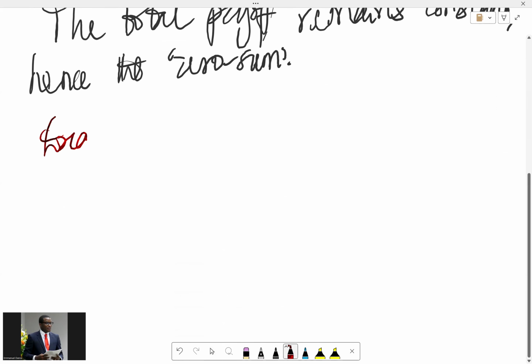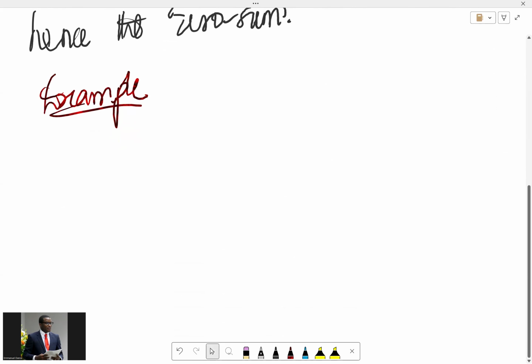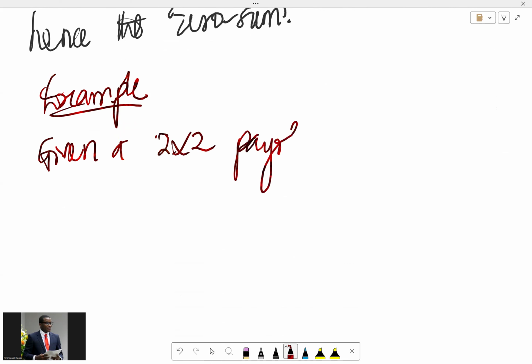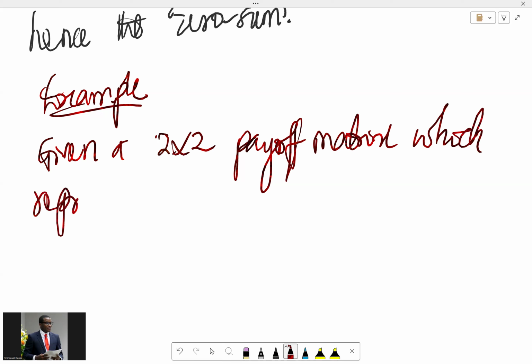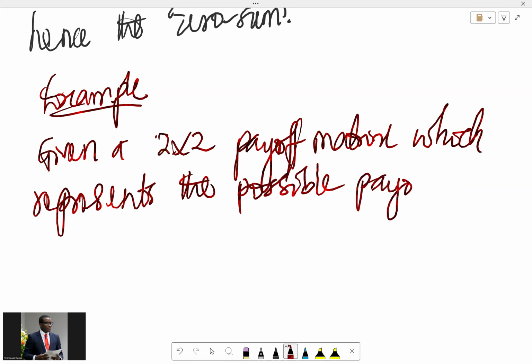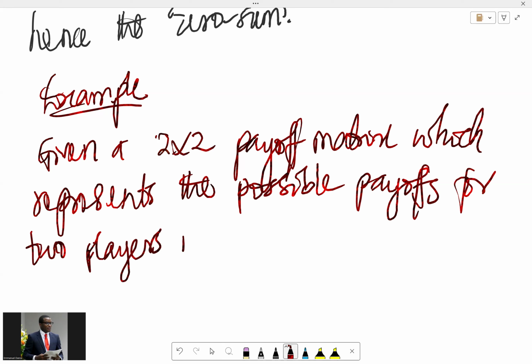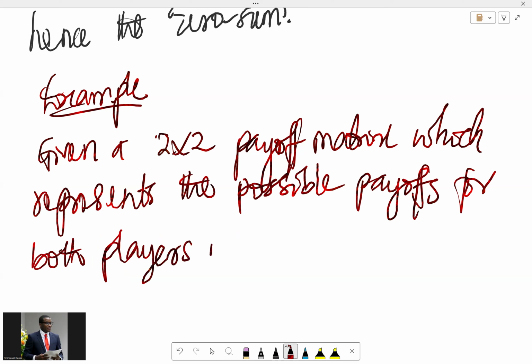Given a 2 by 2 payoff matrix, which represents the possible payoffs for both players in a two-player game.